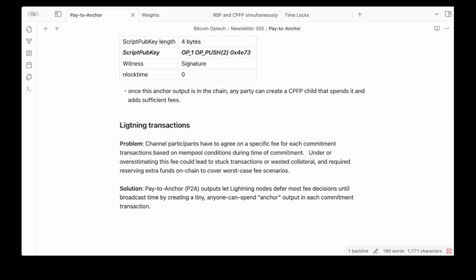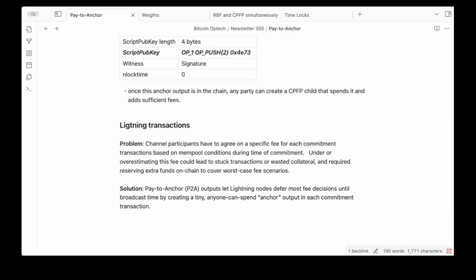If you don't allow for that provision, the chances are that if you want to exit and close, or publish your commitment transaction, it might not get through the mempool. So that's why we have to provide a buffer for fee rate spikes.